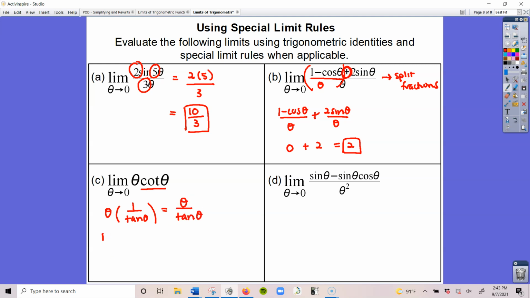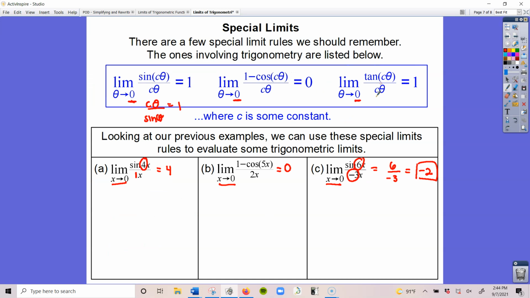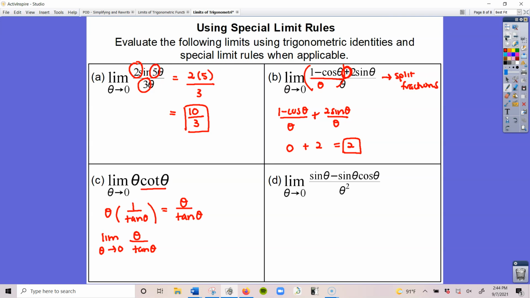So this is my limit as theta approaches 0 of theta over tangent theta. If I go back a second to my special limits, remember that I said the reciprocal also gives you the same thing. Theta over tangent theta is the reciprocal of tangent theta over theta. So this is going to equal 1.